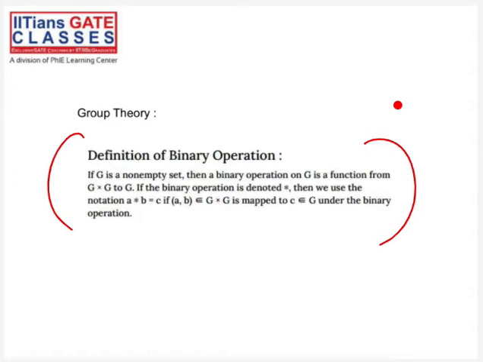In other subjects we do not talk about closure property, because it is always satisfied and we do not care about it. In group theory we have to bother about these things because group theory is based on these properties.